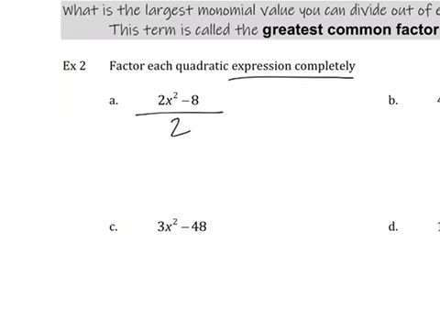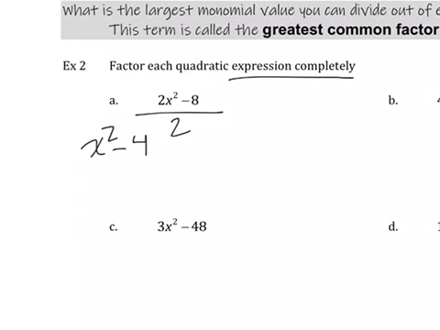I'm going to take out that 2 and do it the same way we did all the other ones. Divide my coefficients. 2 divided by 2 is 1, so that's just going to be x squared. It remains x squared because there's no exponent to subtract. Then negative 8 divided by 2 nets me a negative 4. But we're not done yet. Remember, it says factor each quadratic expression completely.